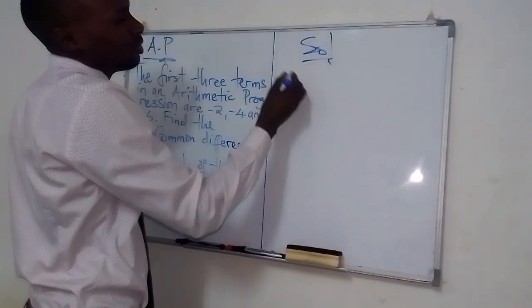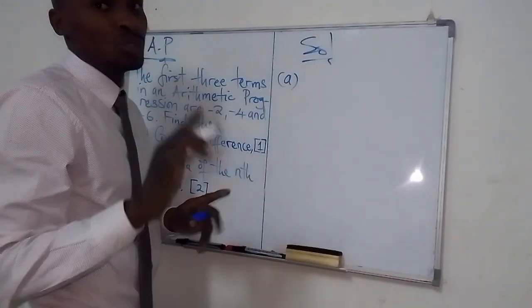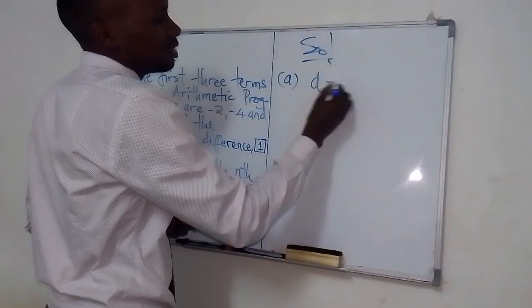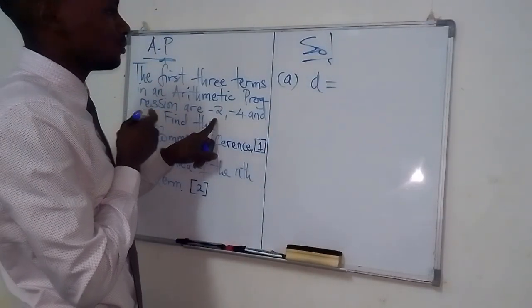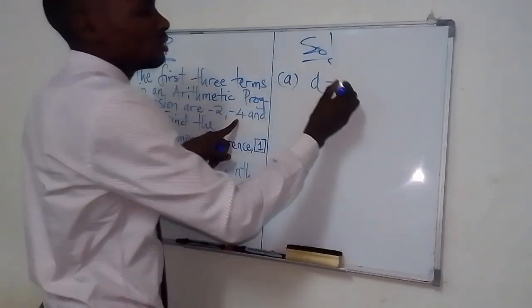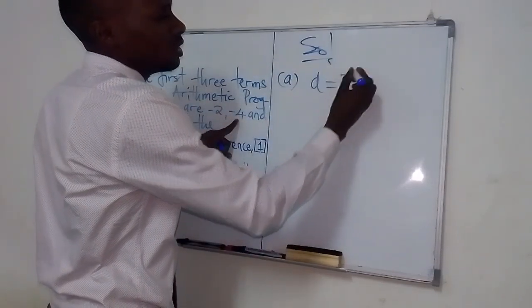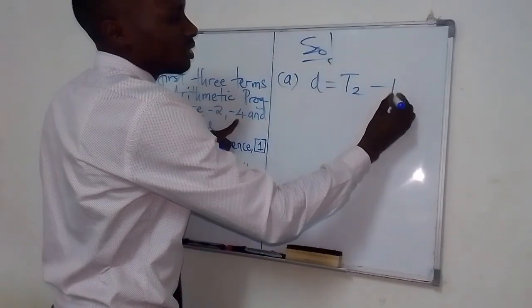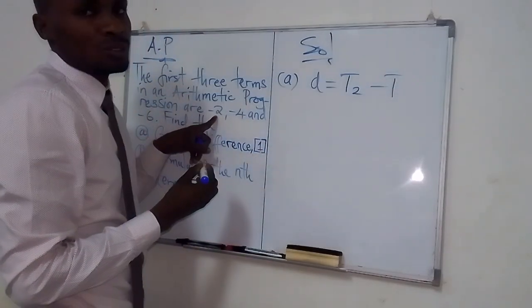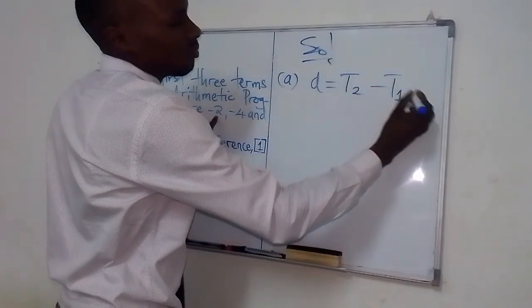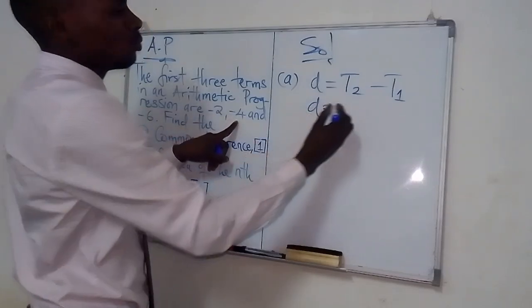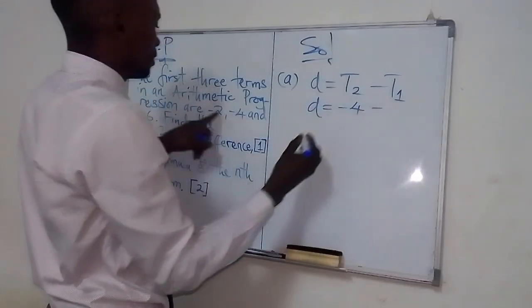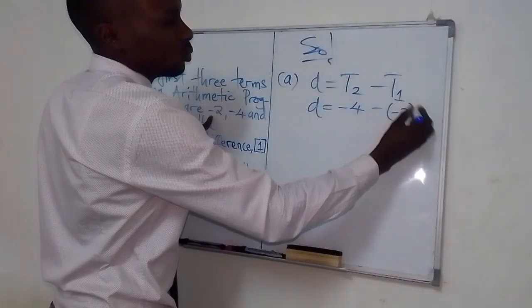So for our solution, A, common difference, which is denoted as D, is equal to, for example here, we can pick -4 and -2. -4 is the second term, so T2 minus T1, which means the first term. Then D is going to give us the following: -4 minus, this is negative, so -2.